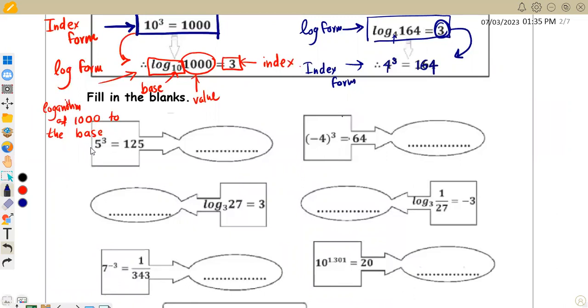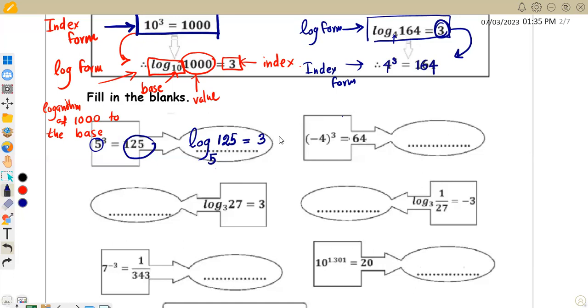Now what is the base? Base is 5. That means log. Then base is written at the end of the g. Then we write the answer within the logarithm term. Then we write the index as the answer. This is read as logarithm of 125 to the base 5 equals 3.